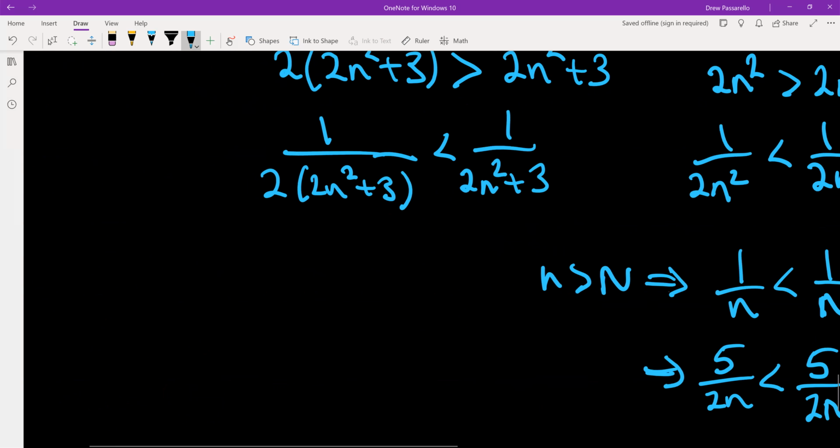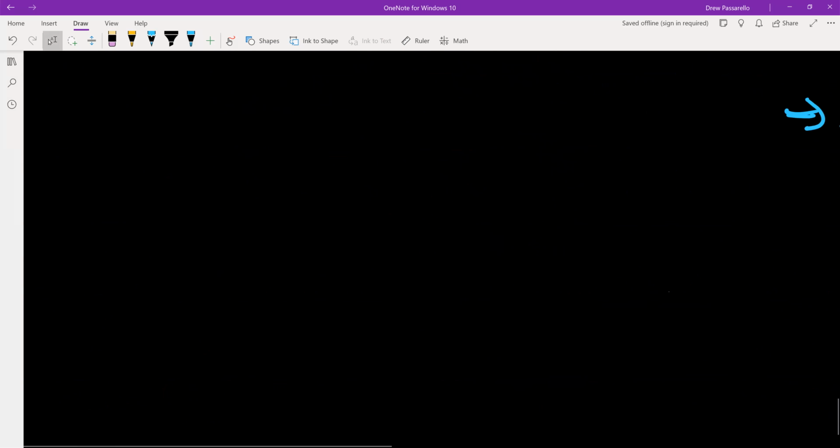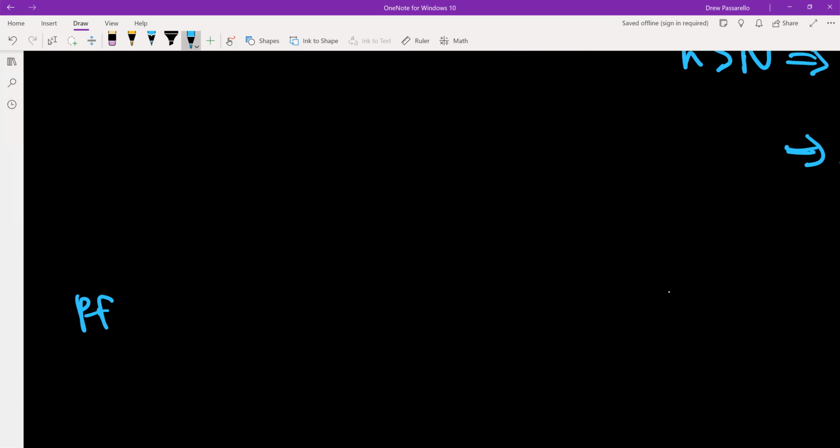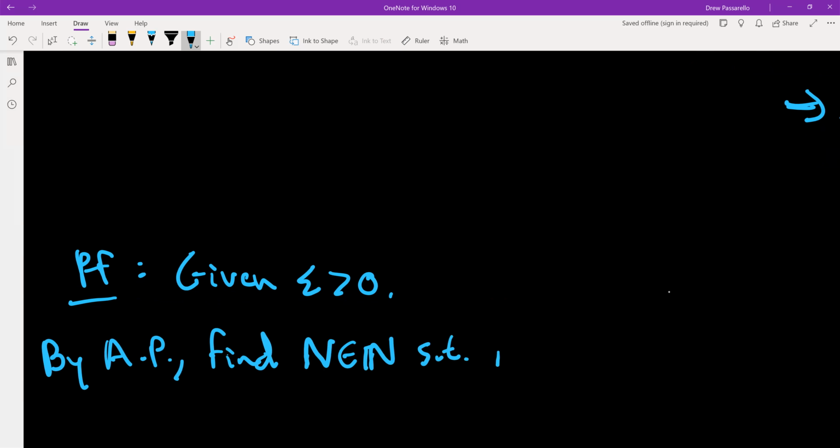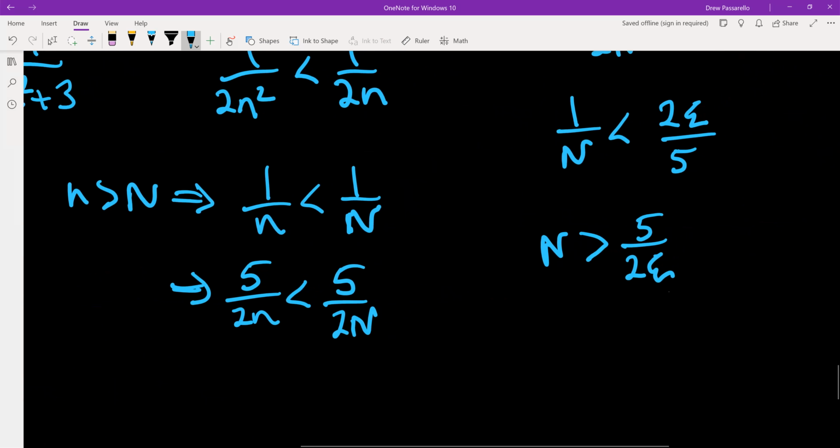So now the actual proof. So given any real number epsilon greater than 0, by Archimedean principle, we can find capital N such that capital N is greater than 5 over 2 epsilon.